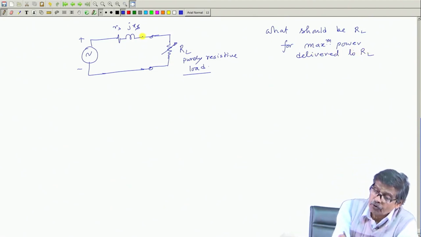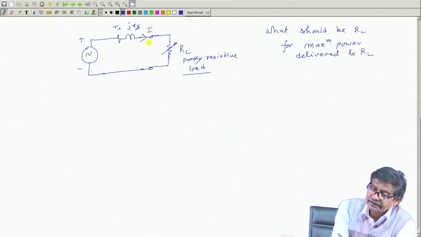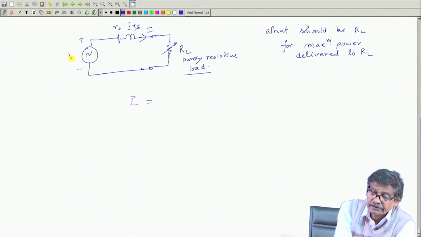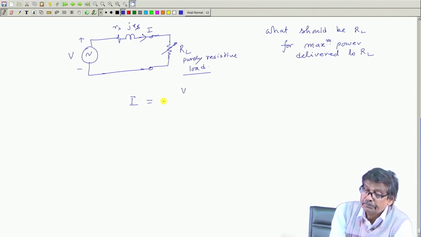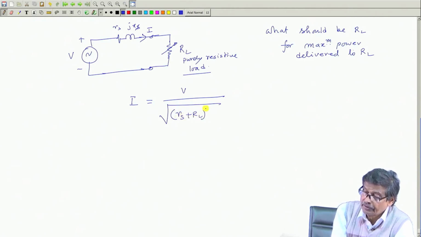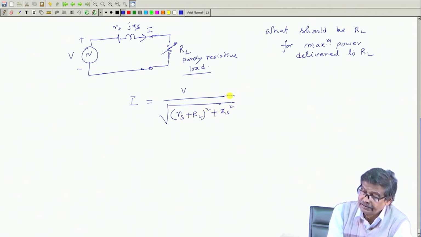Once again you will go by this, current is I, here of course one variable I will just give an indication. What will be the magnitude of the current? This is the RMS value of the voltage, V divided by square root of (RS plus RL) whole square plus XS square, is not? This is the thing.